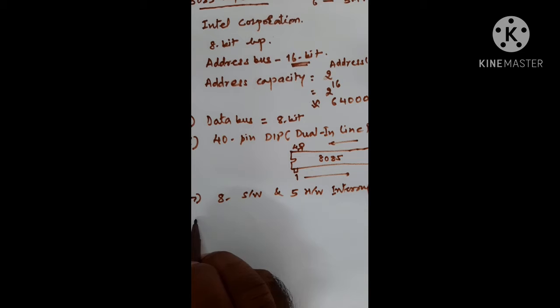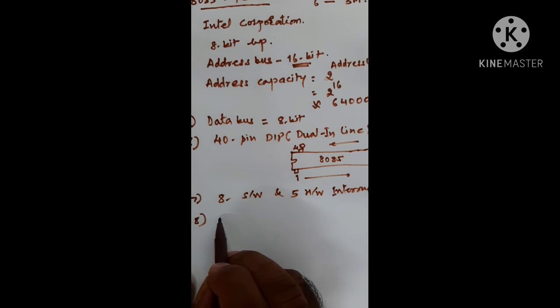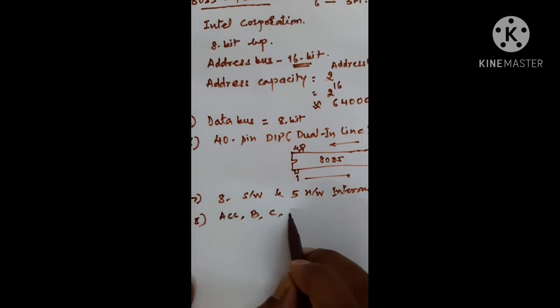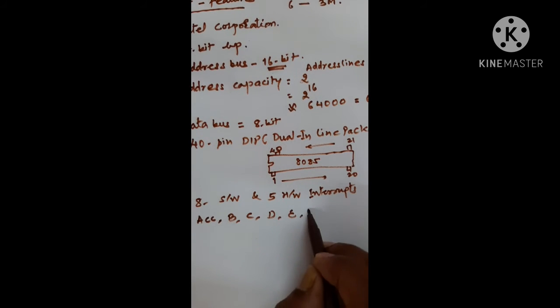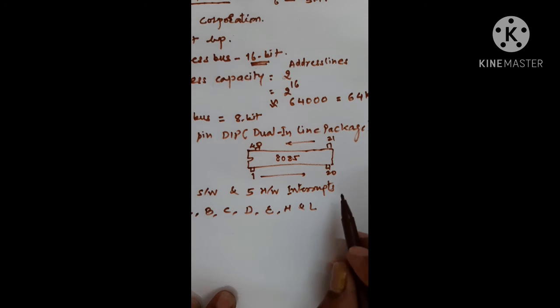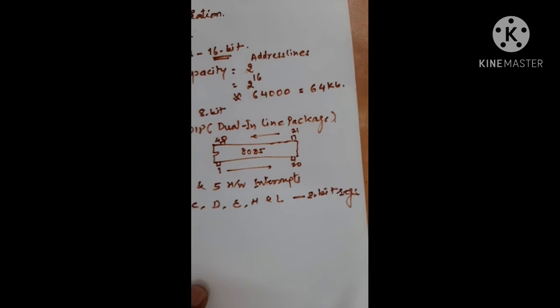Next is 8. There are A for accumulator, ACC, then B, C, D, E, H and L as 8-bit registers. I'll write REGS in short for registers.